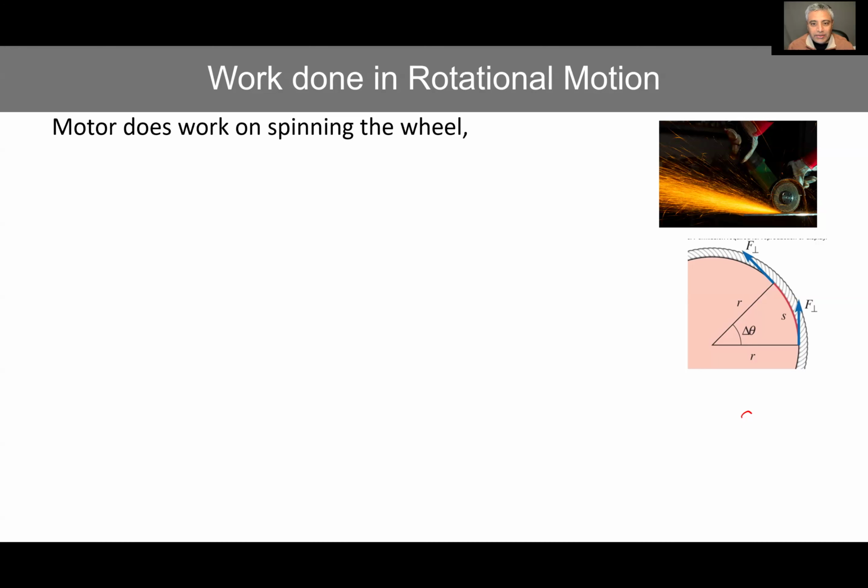So last week, we learned that for translational motion, when an object moves from one point to another point, it's a force that is relevant. But for rotational motion, it's not just the force, but also where the force is acting, how far, and what direction. By bundling them, we define a quantity called torque.